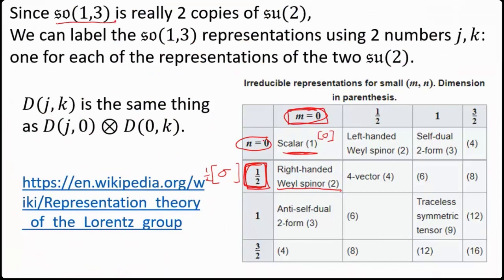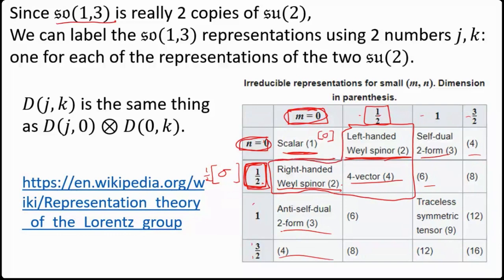Or we could say the first SU2 is 0 and the second SU2 is a spin 1/2. That gives us another representation of SO(1,3). So basically you could pick different spin values for the 2 copies of SU2 and you can build different representations of SO(1,3). I think the main important ones are the Weyl spinors and the vector representation.